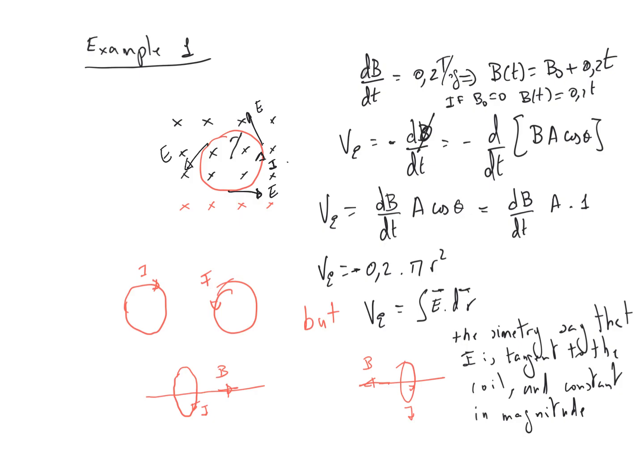So this is the correct direction of E and the correct direction of the current. The current goes like this, following the electric field, of course, and the direction should be like this because of the minus sign. This is Lenz's law, which says that the currents always create a magnetic field that opposes the change in the flux of the magnetic field.